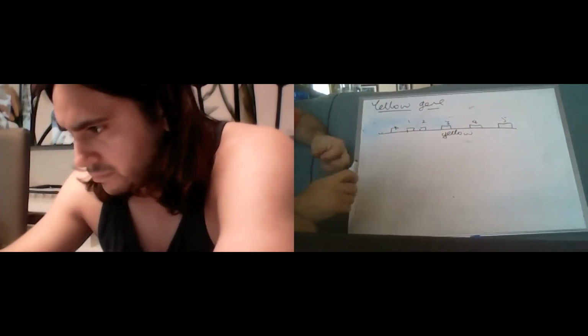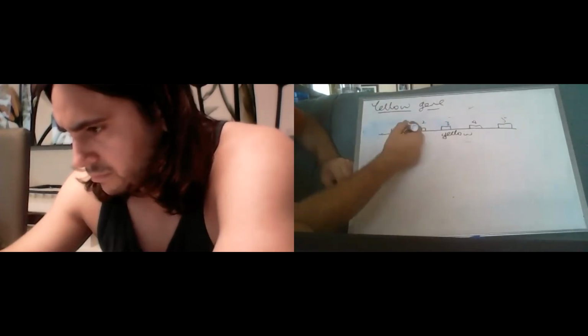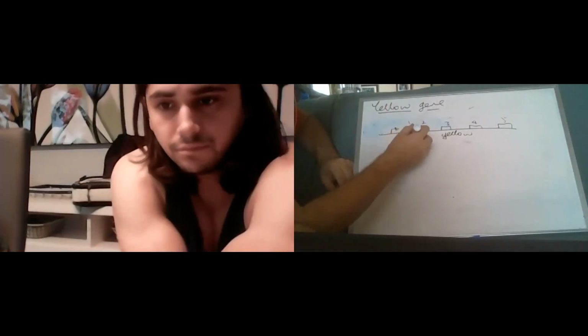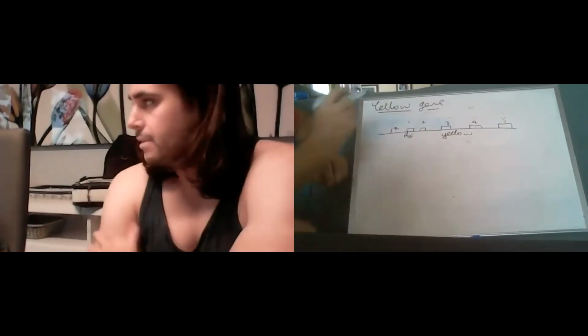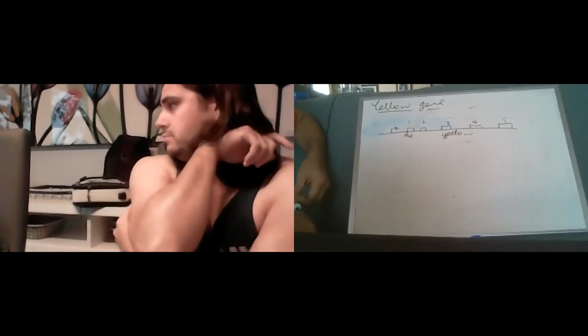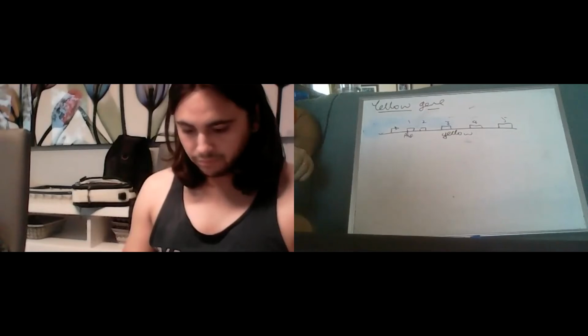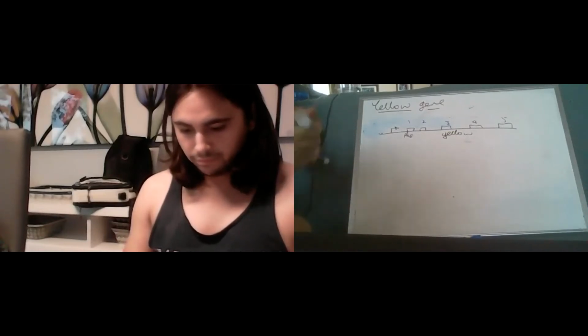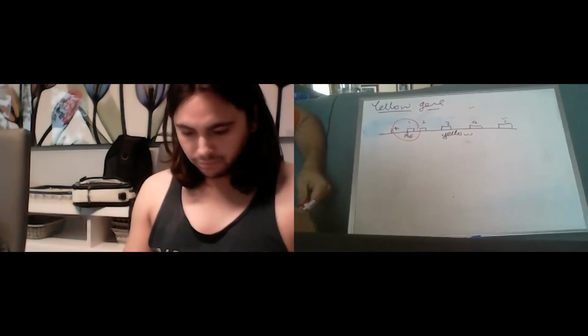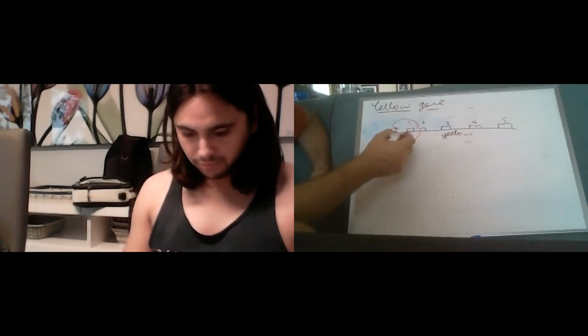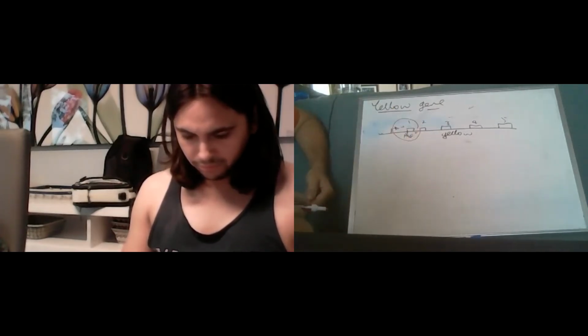Based on what we already know, and don't forget there's also an AUG just there, that's our start codon, it's got to be at the beginning of our amino acid sequence. We think the problem is around here. So we've designed primers to just before and just after exon 1.